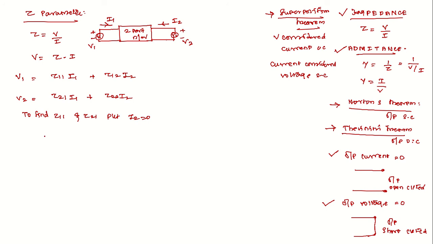But here, to find your Z11 as well as your Z21, we are going to put your I2 equal to 0. When your current I2 is 0, it means the output circuit is open circuited.